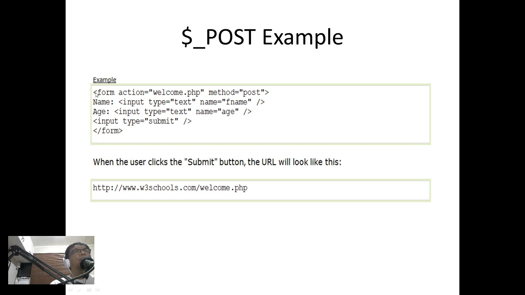Here's an example. Again, our form is the same as the previous form. We have the text boxes for name and age, and we use the names fname and age. But what is different from the previous form is the method. This time we use the method post. Once we submit, you'll notice that our URL is still the same. We don't have data in it, but for get, the data will be displayed in our address.